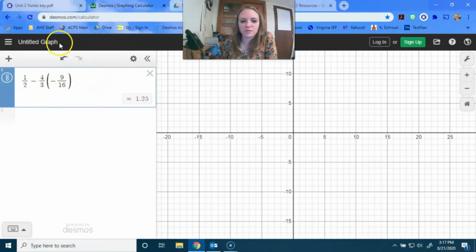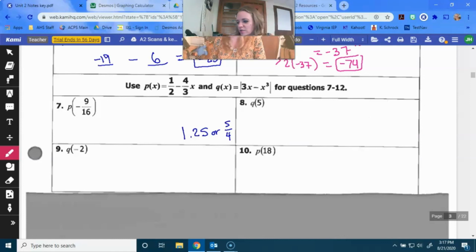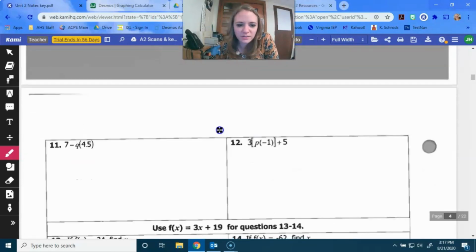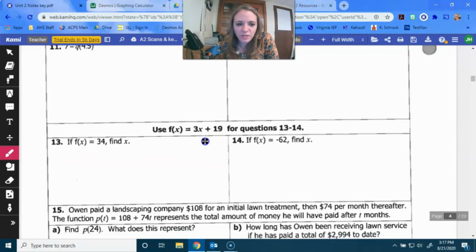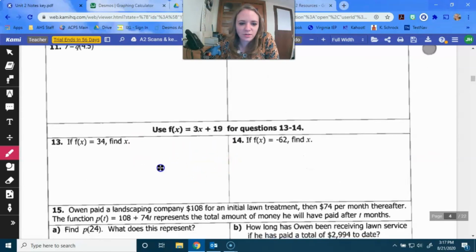So 1.25. And that's the same thing as 5/4. So I think you should be okay on these. Why don't you go ahead and try those as well as the next page.